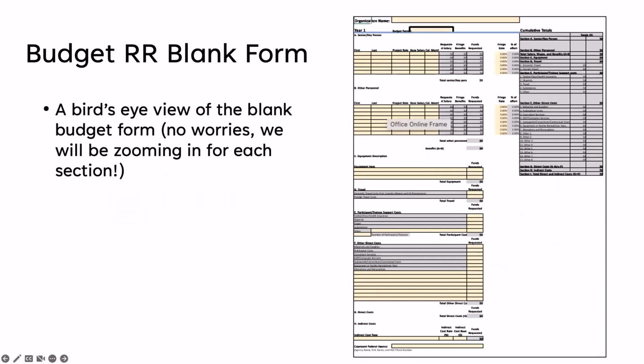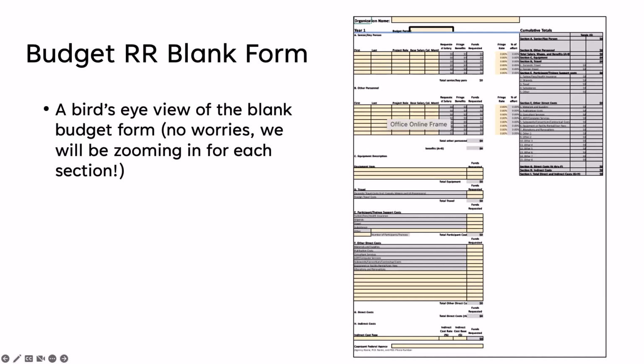All right, so this is just an overview, eagle's eye view screenshot of the budget form itself. And you'll notice it looks a little bit different than what we've had in the past. Again, we've tried to make this modifiable and fillable. So you'll note that there are different shaded cells. The gold shaded cells are where you will be entering information. The gray shaded cells are where it will auto-calculate the different numbers.